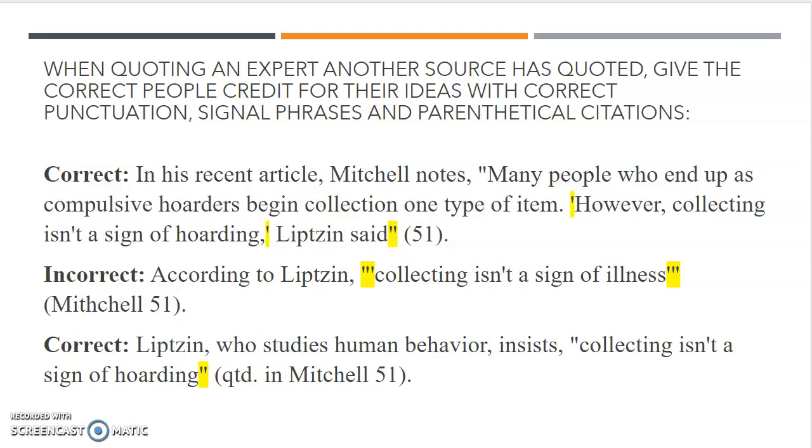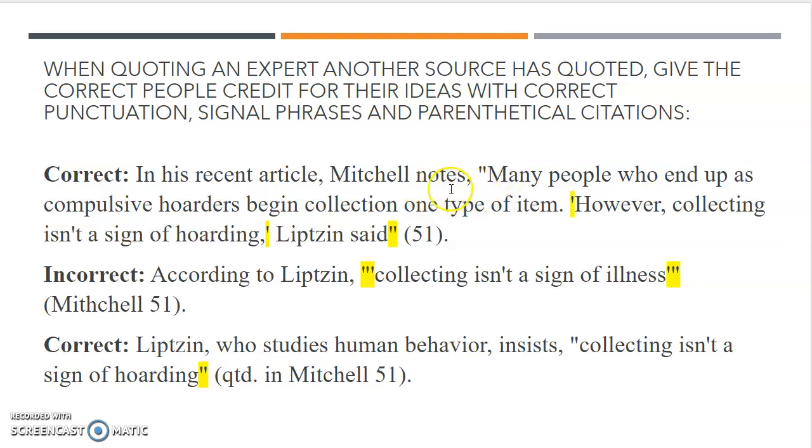And here are some more options for that same quote. Feel free to pause and take a look at this. Instead of putting Mitchell in the parenthetical citation, you can put Mitchell's name, the author of the source you found, before you, or as you introduce the quotation.